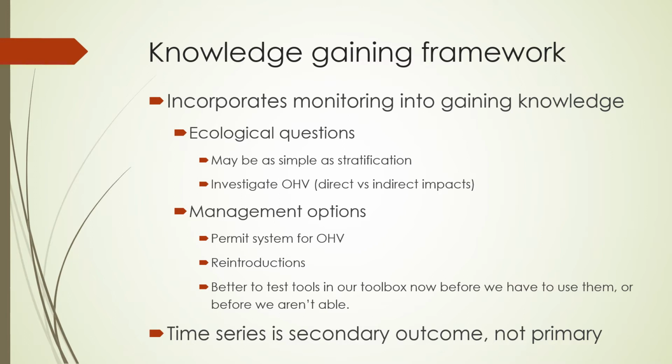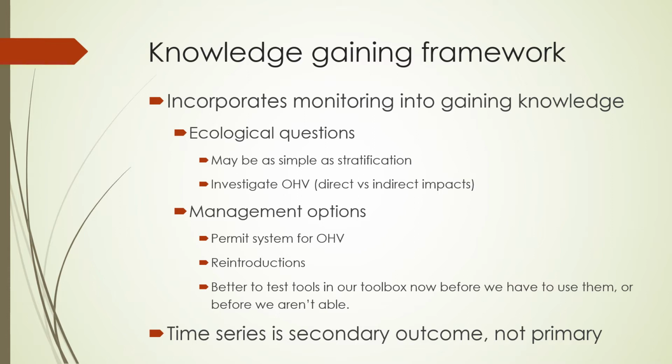Another example would be looking at off-highway vehicles and how they're impacting anything from desert tortoises to lizards to Mojave ground squirrels. Again, choosing to select your sites to monitor based on this question or hypothesis that you're interested in testing. And this often, as well, can be incorporated directly into management options or management approaches.